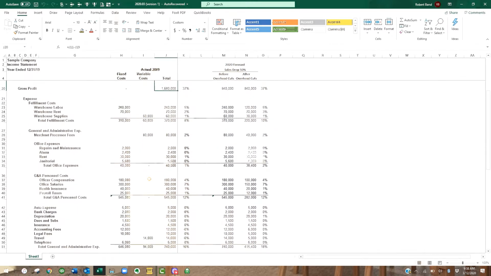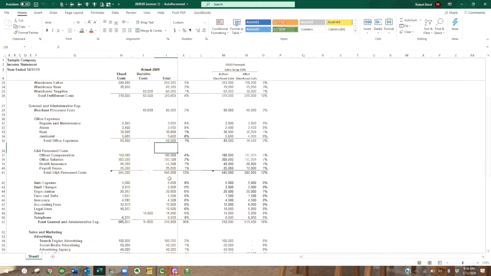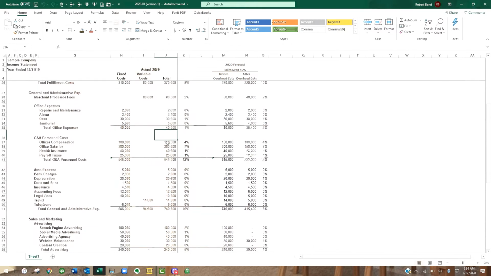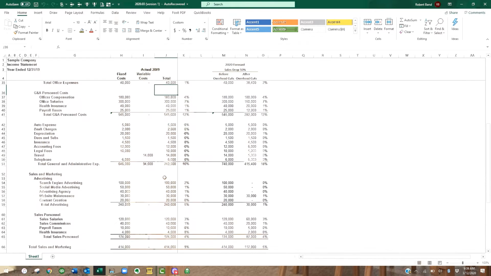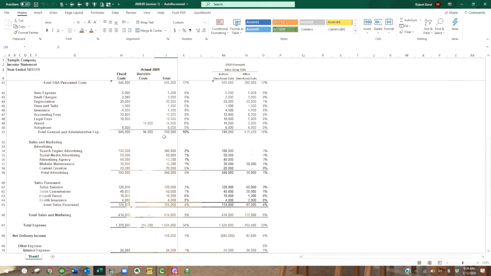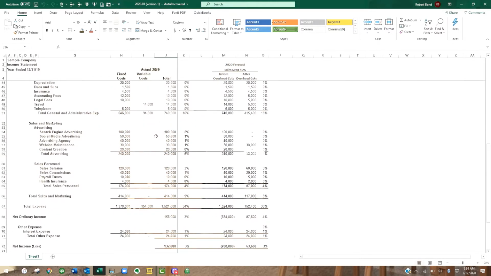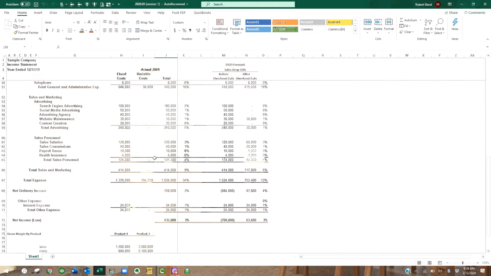And here's the view of their overhead. The warehouse expenses, labor, rent, supplies, $370, merchant processing fees, some office expenses, other G&A such as compensation for officers and office personnel, auto depreciation, other general and administrative expenses, and then there's sales and marketing, which includes advertising and sales personnel and marketing personnel.